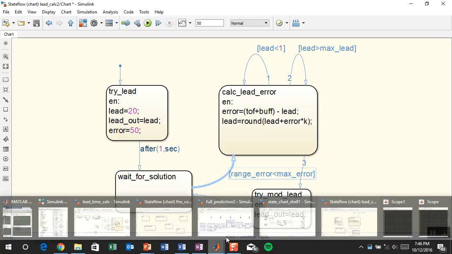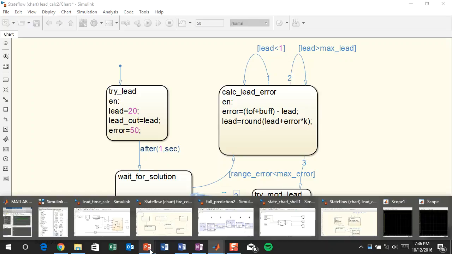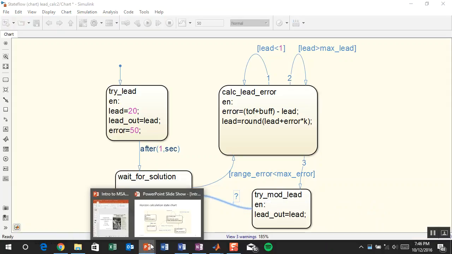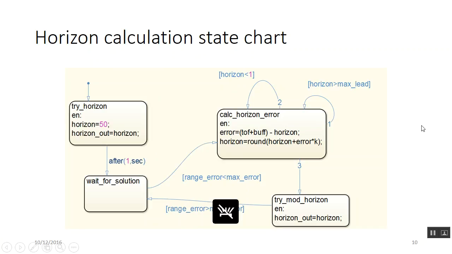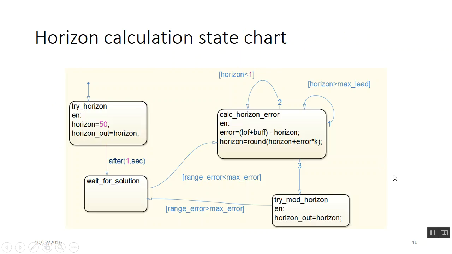Now we have to give this a little bit of time, so I think we need to add a little bit of time so that the solution will wait. I'm just wanting to make sure I'm not forgetting something silly from this. Range error greater than max error.